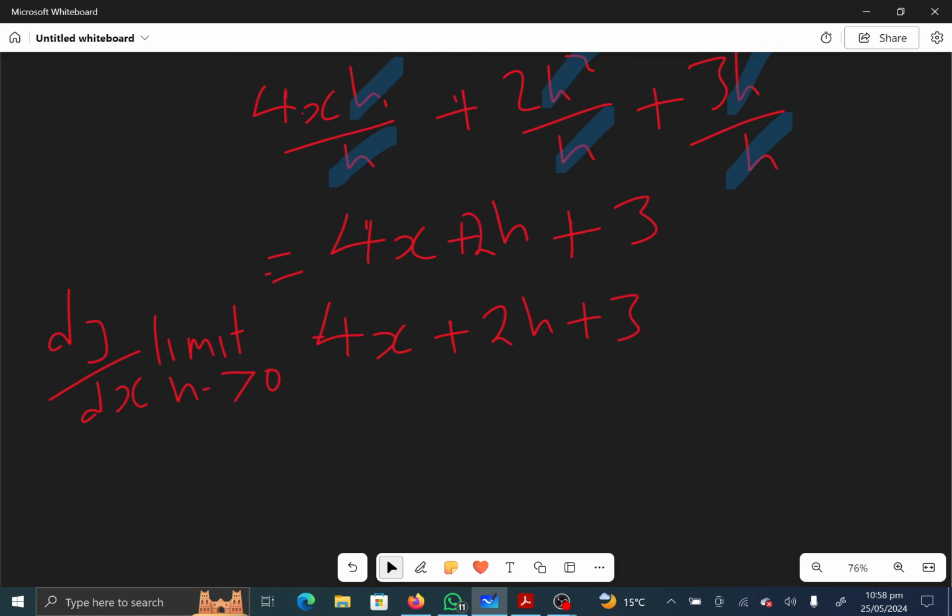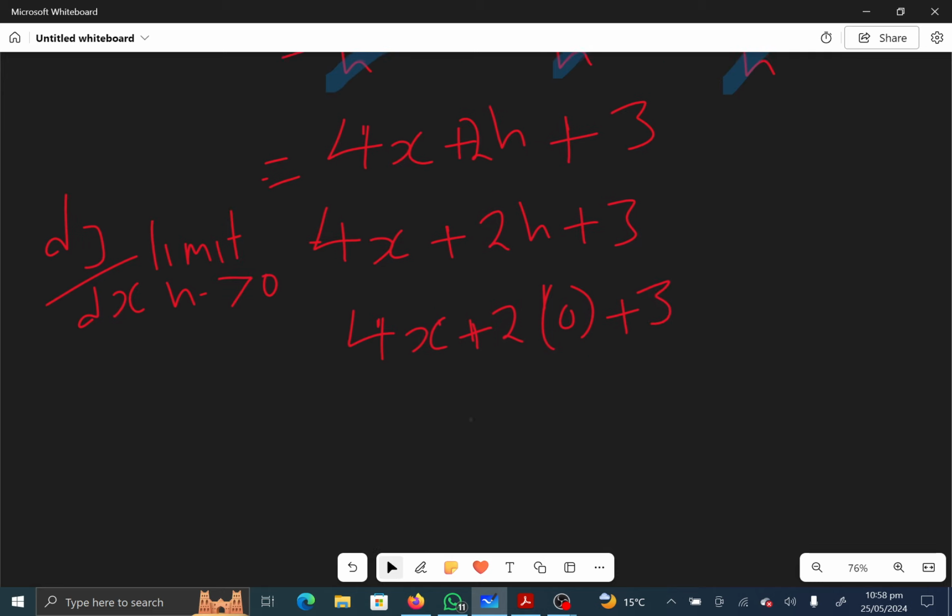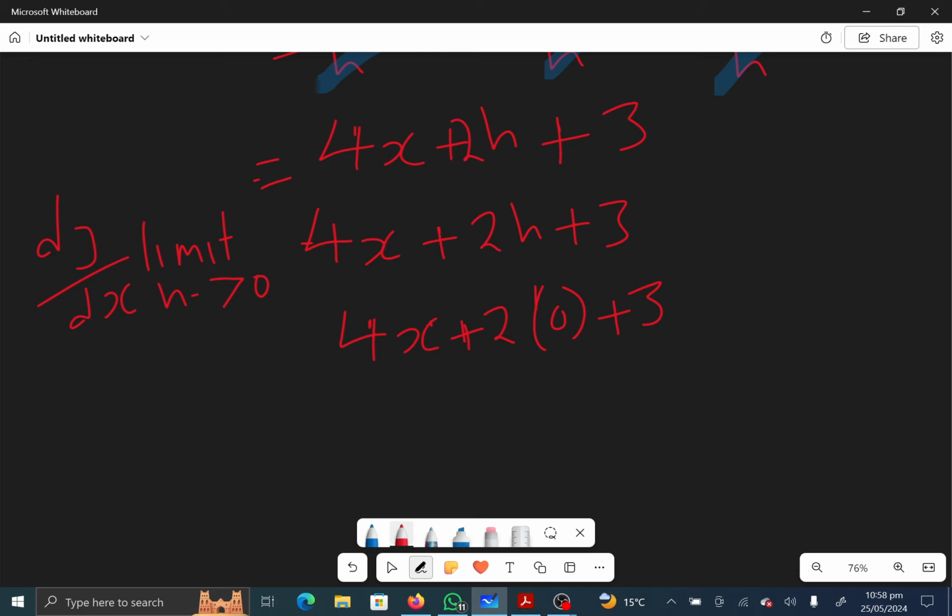So say 4x plus 2, then where the h is replaced with a 0, so this will be 2 open bracket 0 close bracket plus 3. So our dy over dx with limit h is equal to 0 now becomes 4x. So 2 multiplied by 0 is 0, so it will be 4x plus 3.